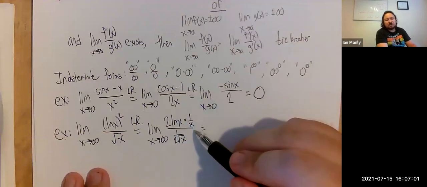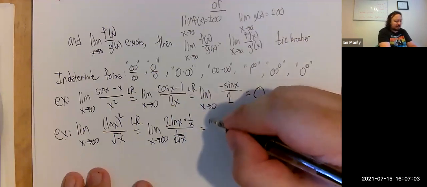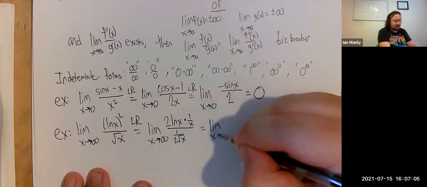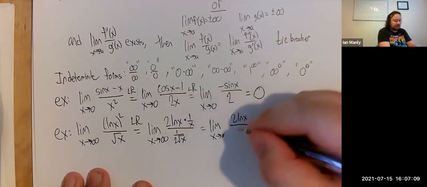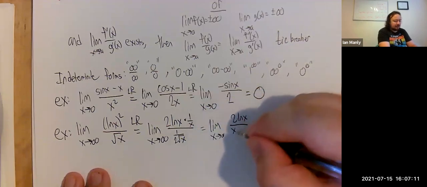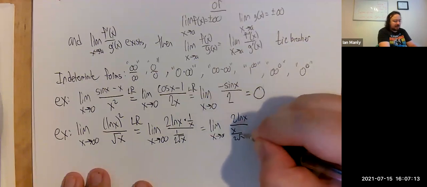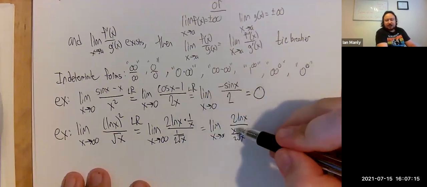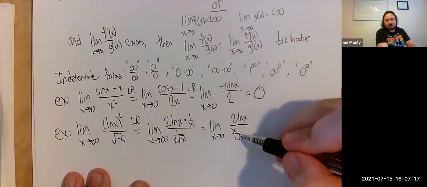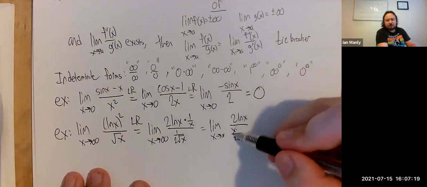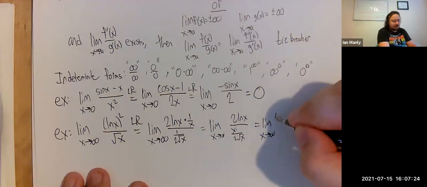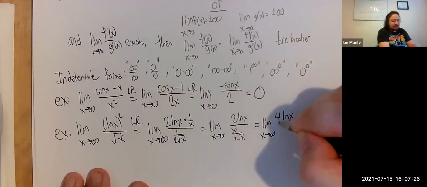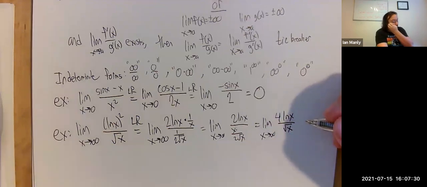So I'm going to move the 1 over x down here. 2 ln of x, and then the x can move to the denominator, but we already have a fraction down here. So x over root x will simplify to root x, and 2 over 1/2 will be 4. So this will be 4 ln of x over the square root of x.